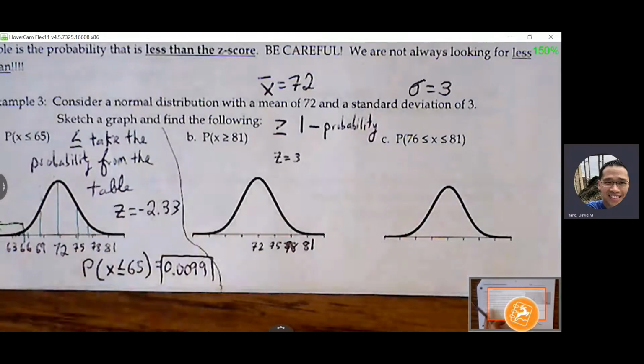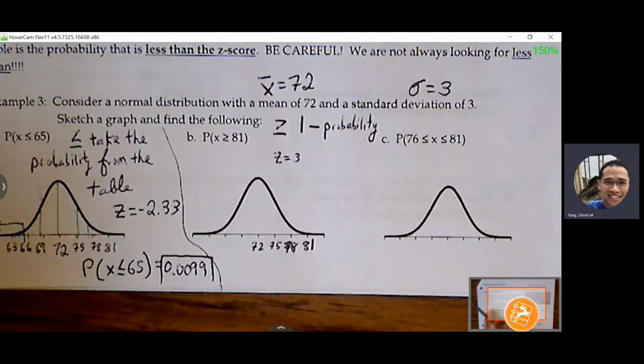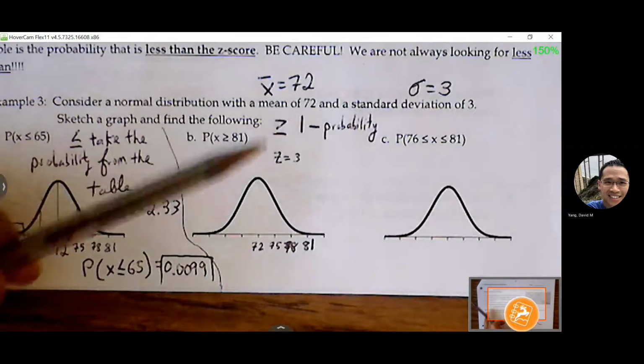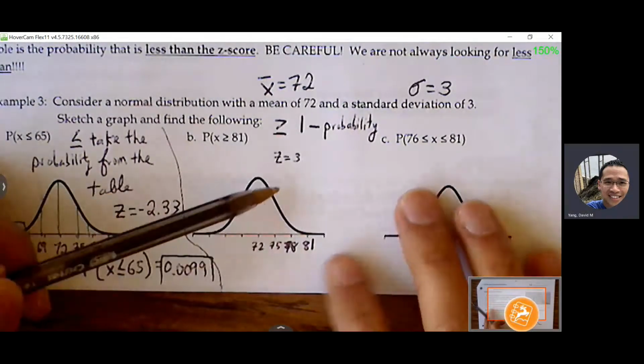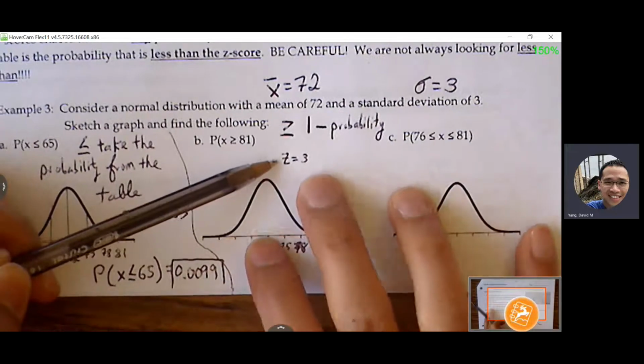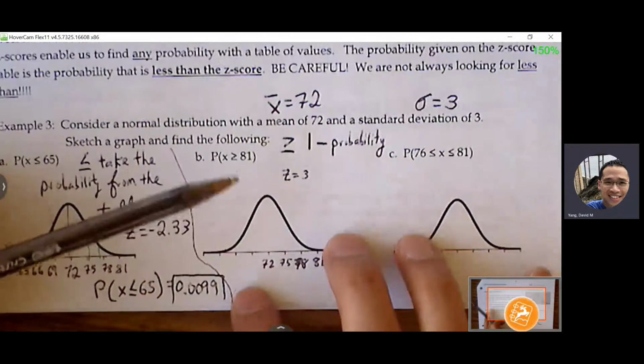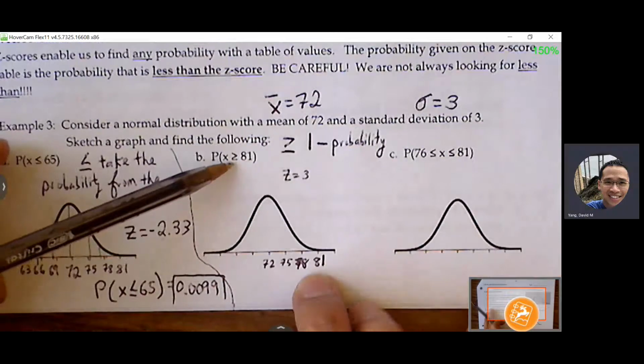Okay, it looks like it is lining up nicely. Okay, either way though, let's just go ahead and use the z-score, use the chart as well. So z is equal to 3.